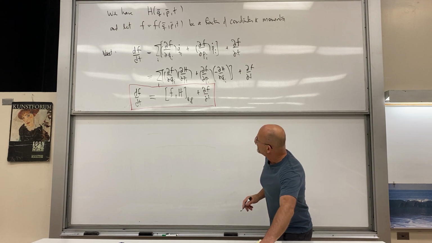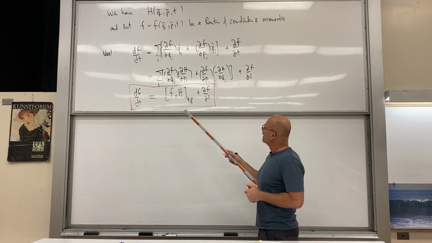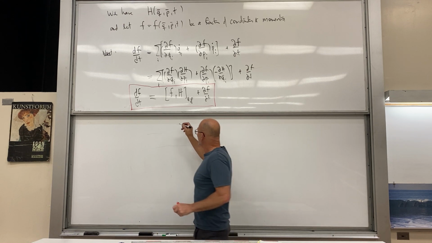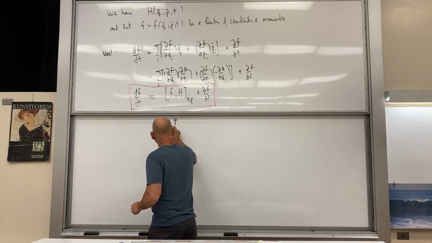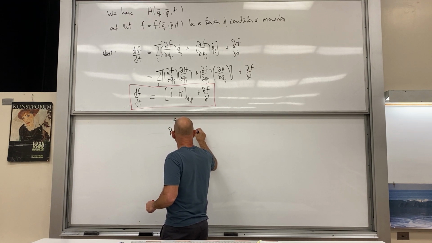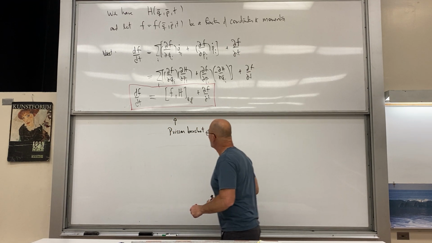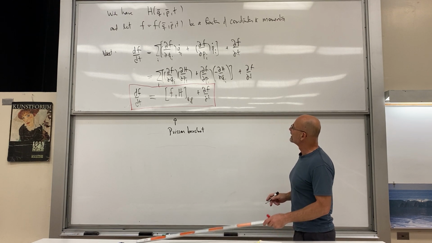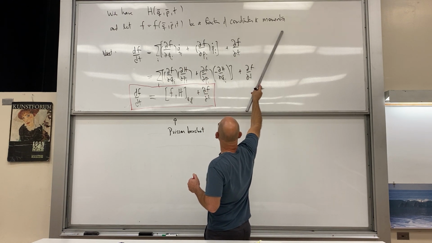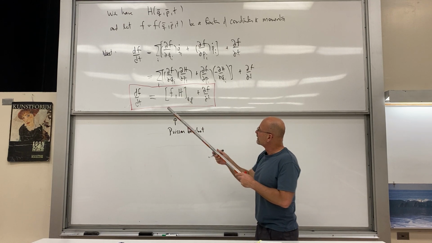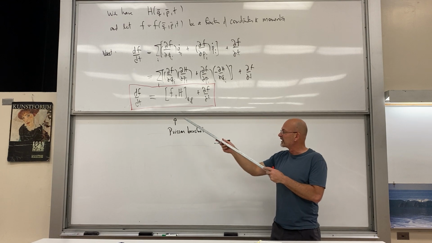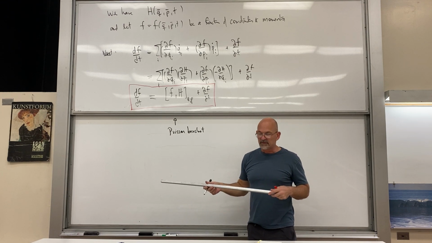Okay, what's next? We next consider the case, well, I'll put this here, Poisson bracket. And now since this was some function of the coordinates and the momenta, we can think about a function or a combination of those things that is conserved.